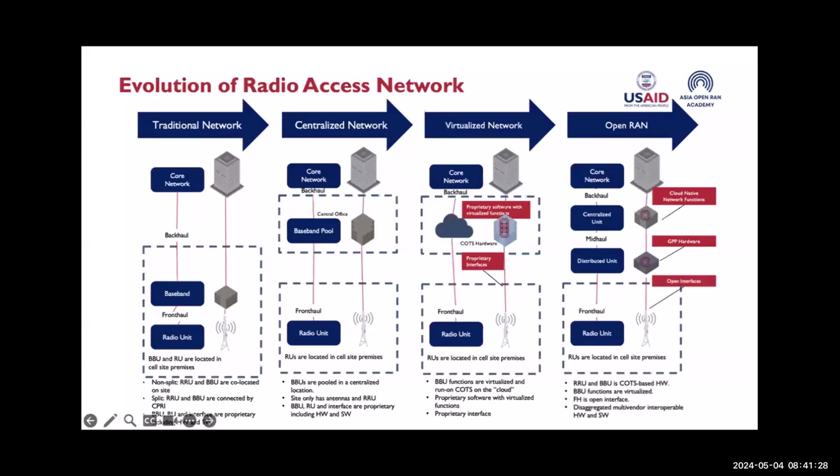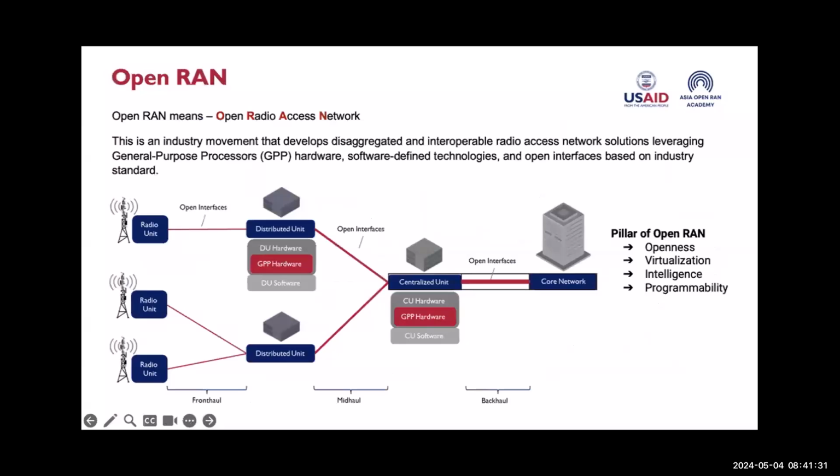Okay, so now we'll focus on the Open RAN. So we already know that Open RAN means Open Radio Access Network. So I hope at the end of our session during the post-test, 100% of the participants will answer it correctly, that Open RAN means Open Radio Access Network. So this is an industry movement that develops disaggregated, so you separate the software from the hardware, and interoperable radio access network.